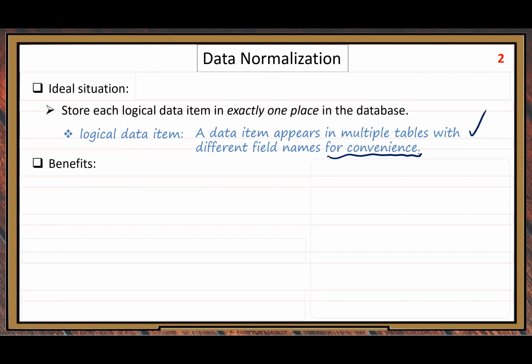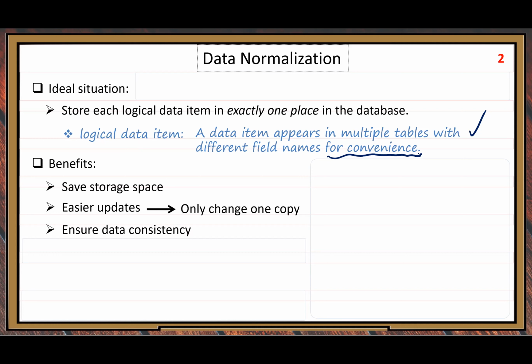The benefits of data normalization. Let's look at the immediate benefits first. Save storage space: after removing as much data redundancy as possible, we can save some storage space. That's the first benefit. Easier update is another one, because you do not need to update so many different places. Only change one copy.